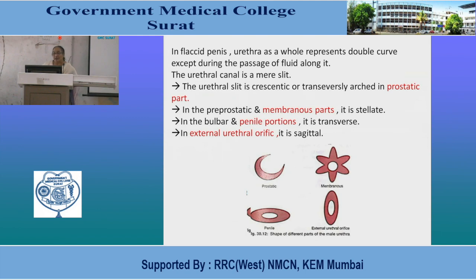Now in the bulbar and the penile portion it is transverse, as you can see in the given diagram, the left lower diagram. And the external urethral orifice, in the right lower zone, is sagittal.